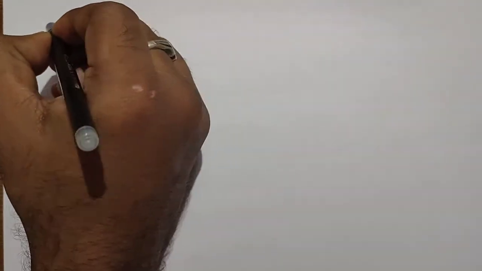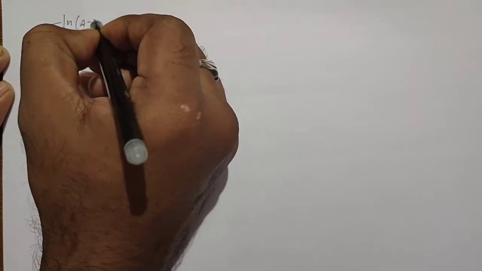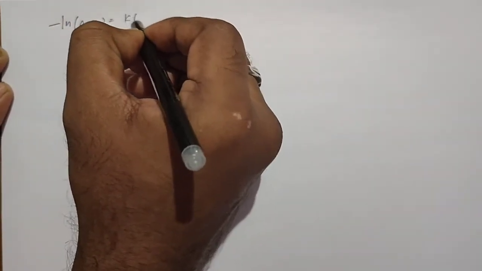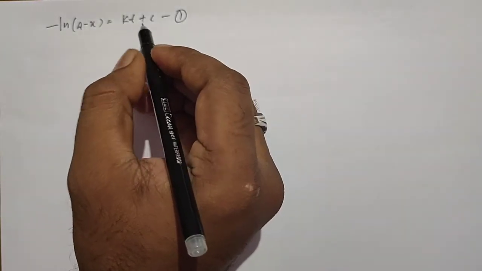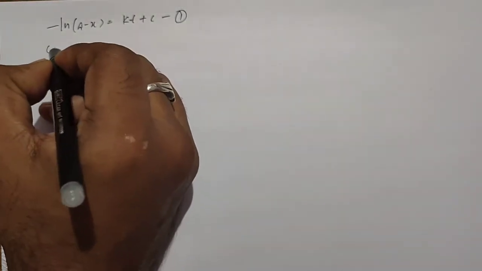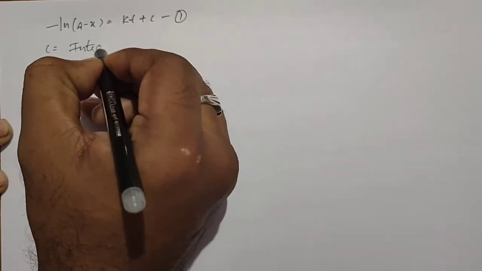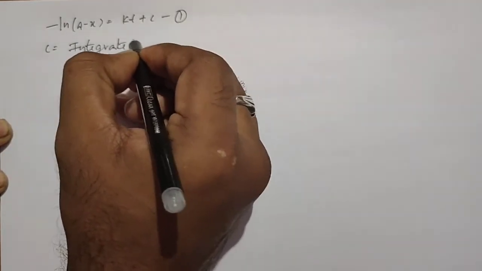After integration, we get minus ln (a minus x) is equal to kt plus c. Take this as equation 1. Here c is the integration constant.